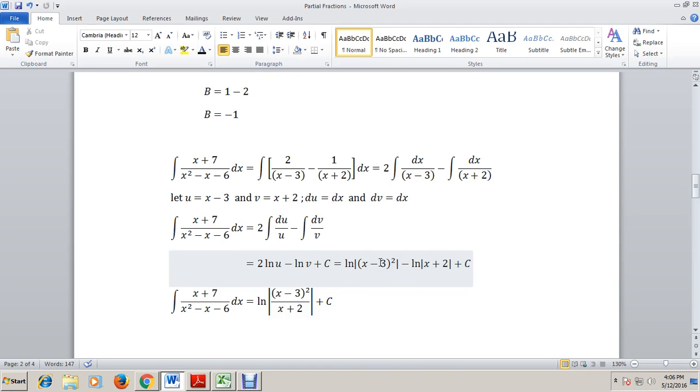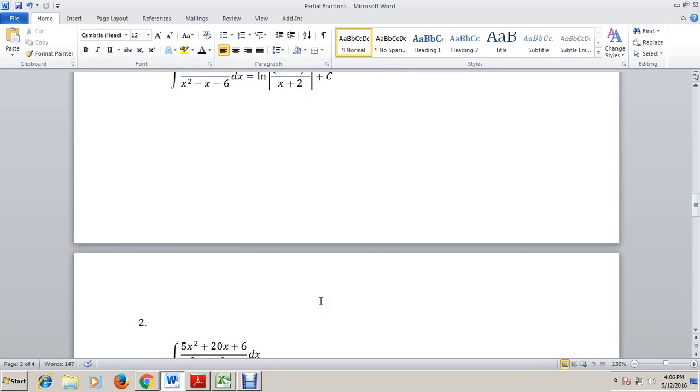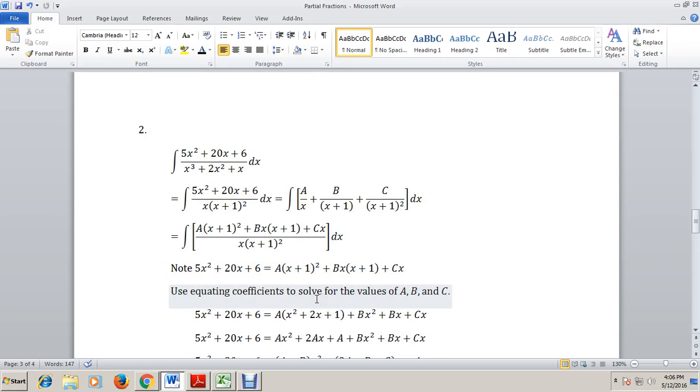Of course, if you have two logarithms that are subtracted, you can combine them in such a way that you can express them using a single logarithm, where the first expression becomes your numerator and the second term becomes your denominator, so that the final answer would be what you see here as our final answer. Okay, so let's have example number 2.